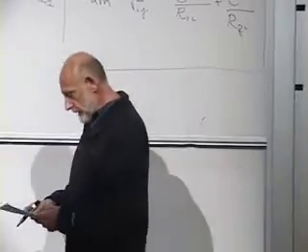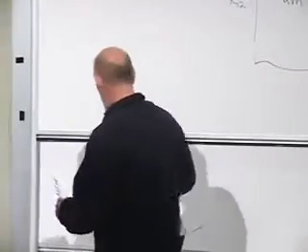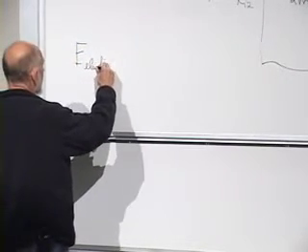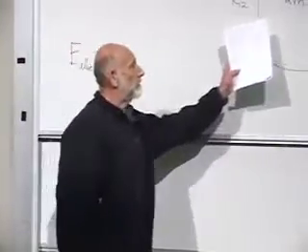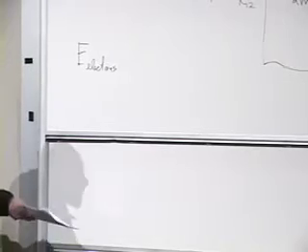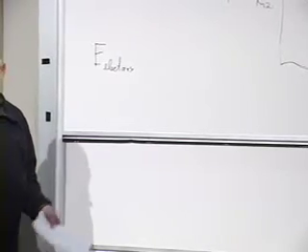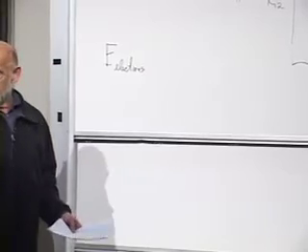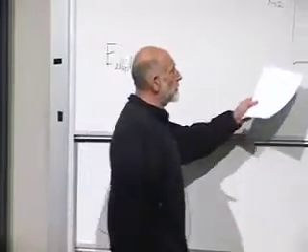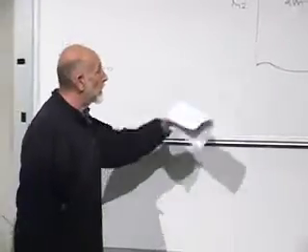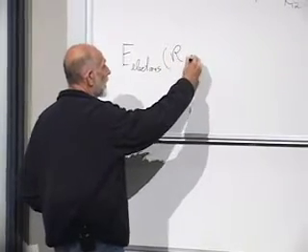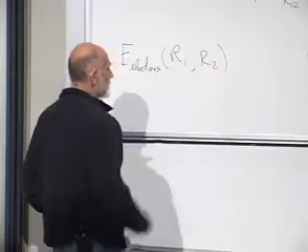Let's just call it E of electrons. All the terms that involve electrons. And what is it a function of? The only thing it's a function of is the positions of the nuclei. That's all. Everything else is taken care of. This is the lowest energy associated with the positions of R1 and R2. Those are the positions of the nuclei.